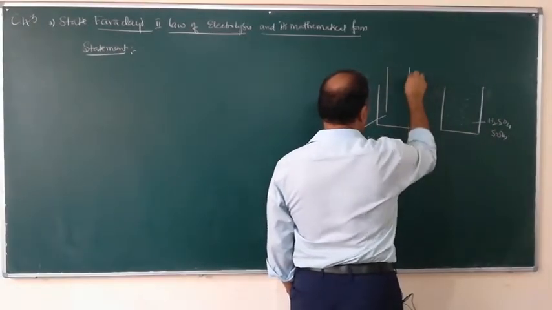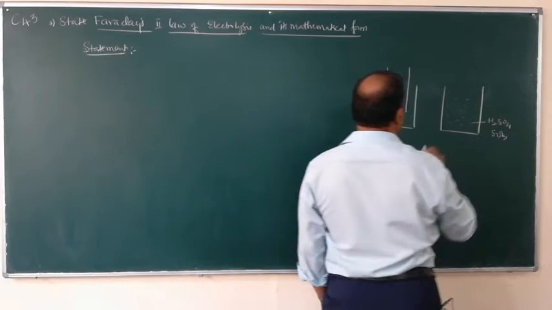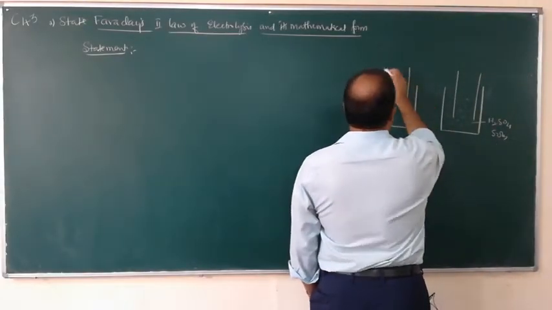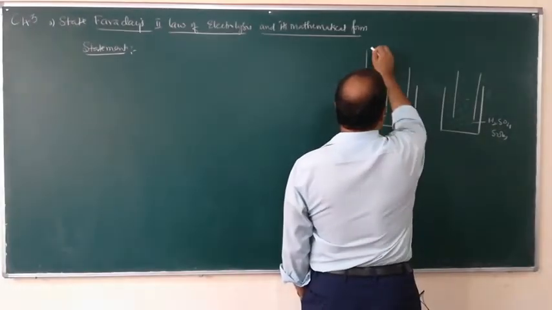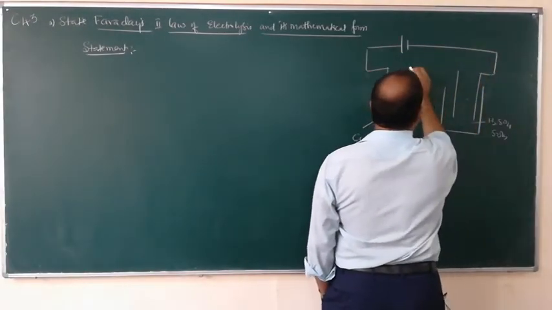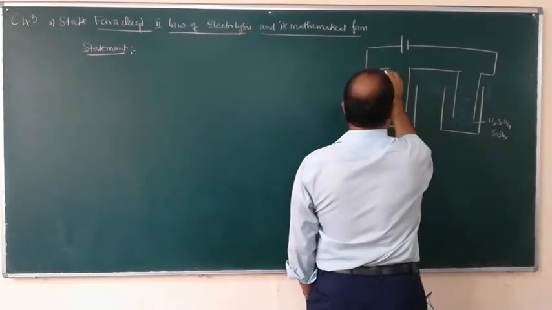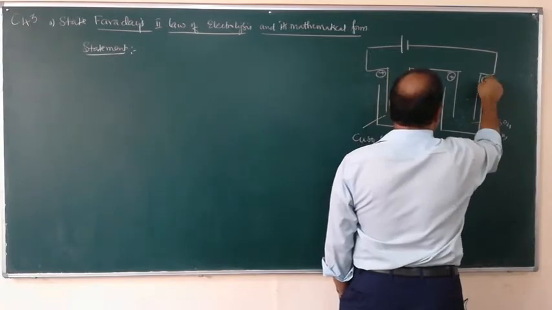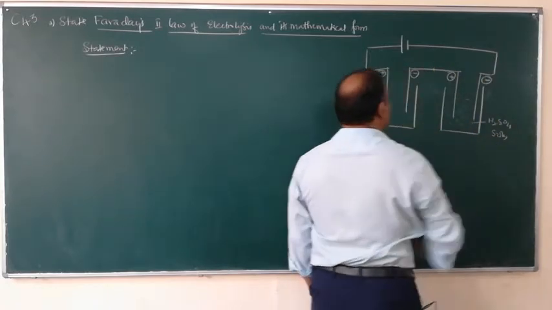Here 2 electrodes are introduced into this solution. Again 2 electrodes are introduced into this solution. So, this one is anode and this one is cathode, anode and cathode. So, they are connected in series.